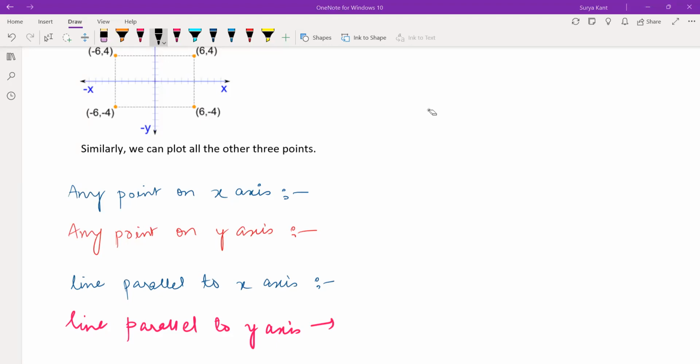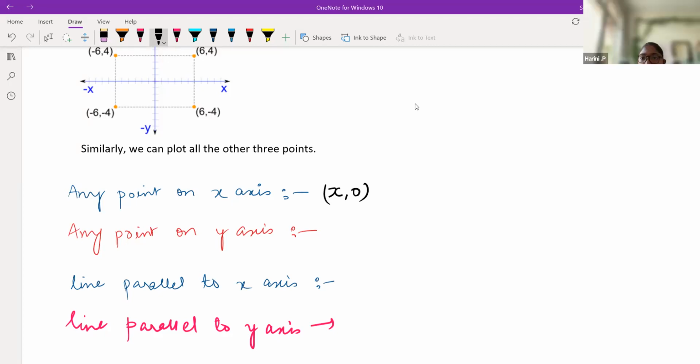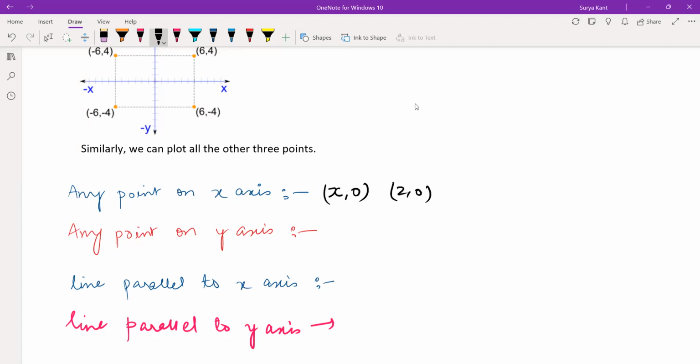See, children, just explaining once again. Spandana, you have mentioned correctly, x, 0. So any point on the x-axis will be x, 0. Children, try to understand over here. You can tell 2, 0, whatever, y should be 0.